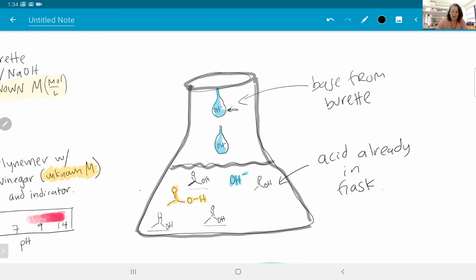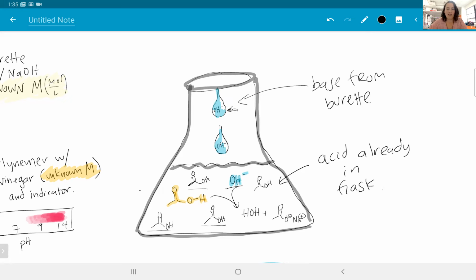Once the hydroxide is in the solution, it's going to combine with one of the acetic acid molecules to form a water molecule, HOH, and that's sodium acetate. So here's my acetate anion, and it'll have a sodium cation there to balance the charge. Okay, so that's the reaction that occurs.